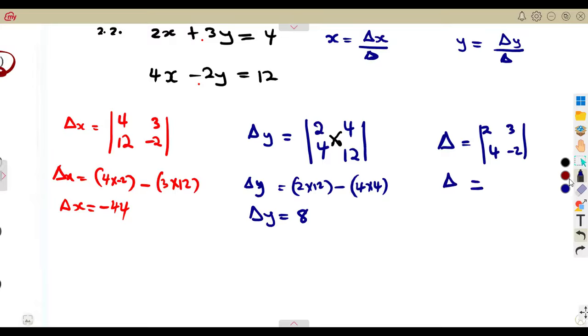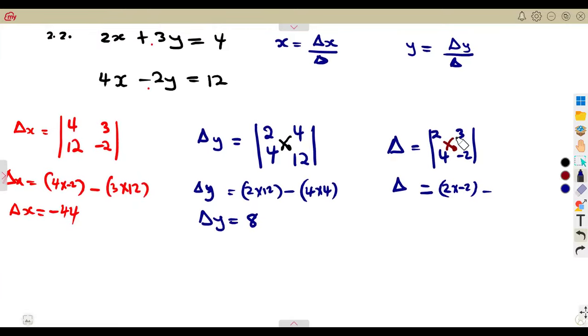In the major diagonal, we have 2 and minus 2, and the minor is 4 and 3. So that's 2 times minus 2 minus 3 times 4. This will be minus 4, minus 12, which is minus 16. So that's the determinant of the coefficients.